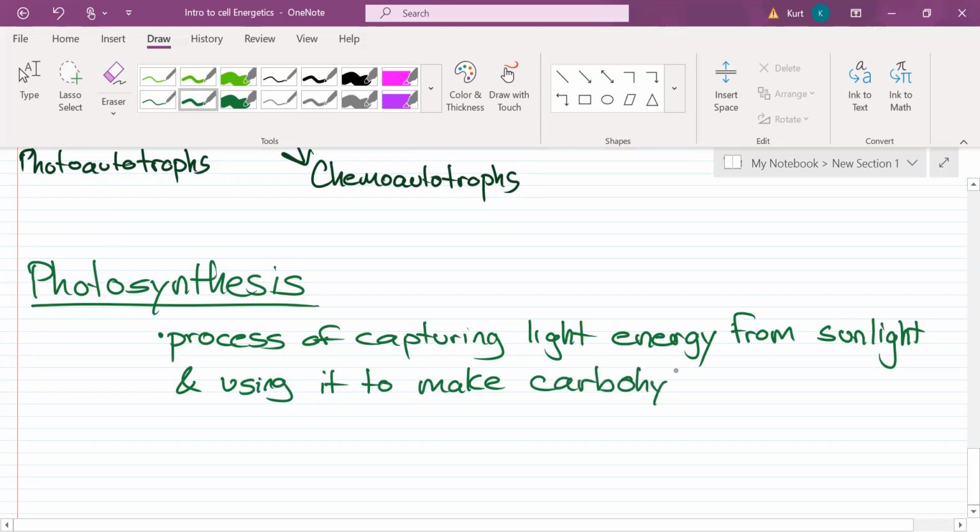You're going to take that light energy to convert it into carbohydrates. And there's a much simpler word than carbohydrates. 5 letters, 6 letters. What's carbohydrate? Plural. What? Sugars.